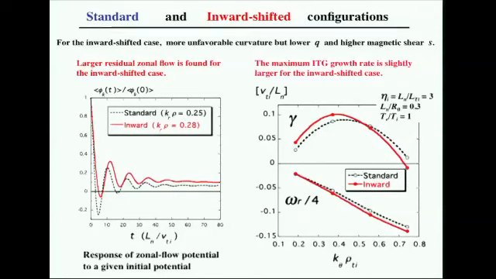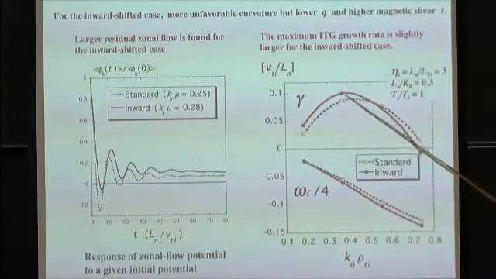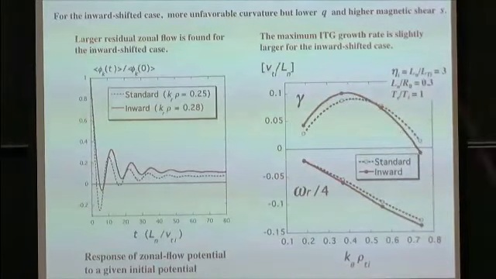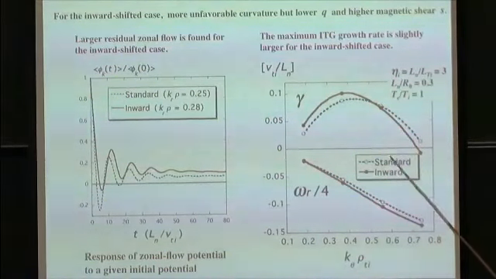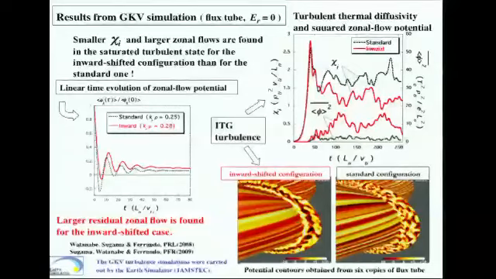In the inward shifted case, or neoclassical optimized configuration, the residual zonal flow potential is a bit higher, but because of bad magnetic curvature, not so different, and the highest growth rate of ITG is a bit higher than for the standard case. This shows the nonlinear simulation result, where the red curve corresponds to the inward shifted case and black corresponds to the standard configuration.